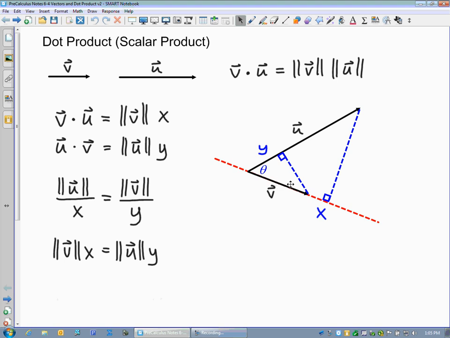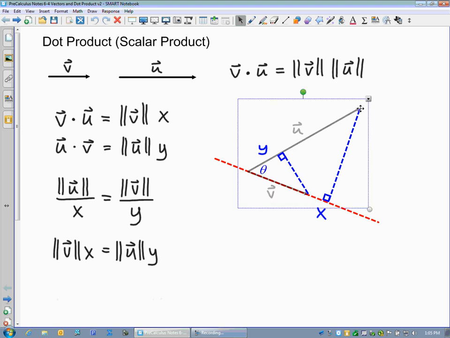So if we think of that projection as another vector itself, then both vectors are going to be in the same direction. So it doesn't matter if they're both in a positive direction or both in a negative direction. Negative times a negative is a positive, or positive times positive is a positive. That dot product is going to be a positive number. So if your dot product is positive, then your theta is going to be acute.